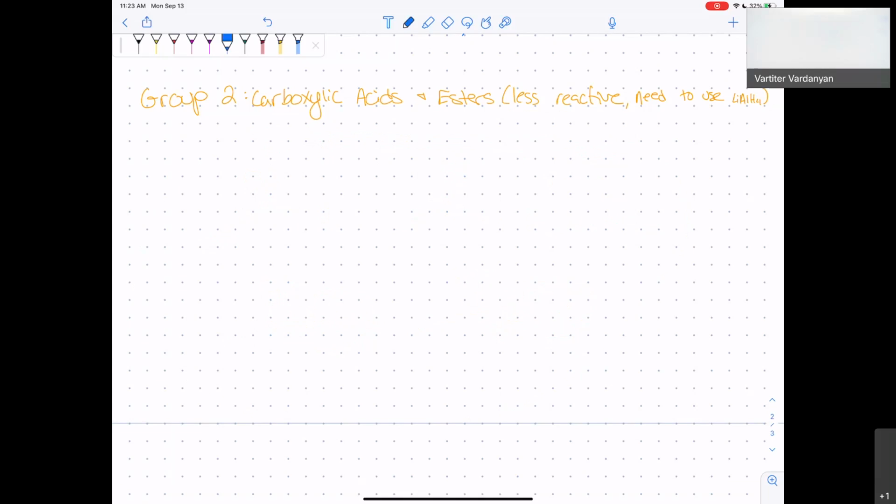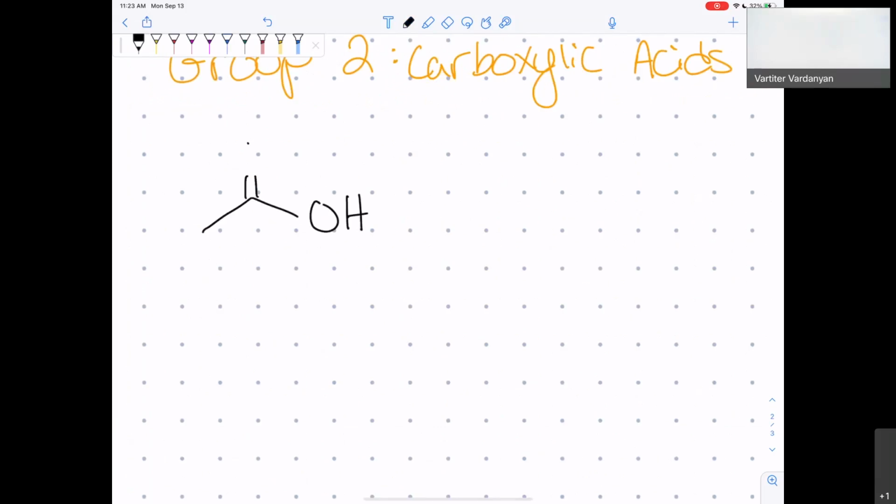All right, so group 2, let's see how those reactions work. All right, which reagent do we have to use again? The strong reagent, LiAlH4, but what's actually doing the reducing? H minus, cool. So, what do you think is going to happen in the first step?